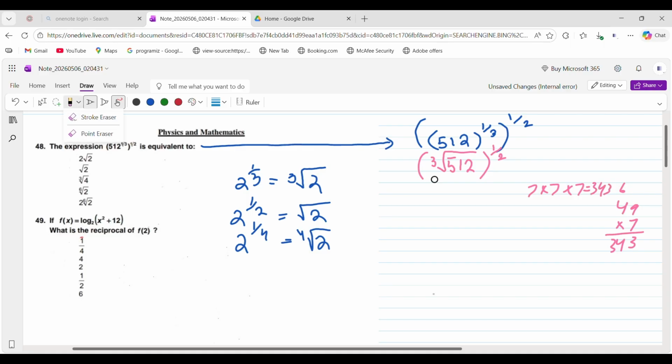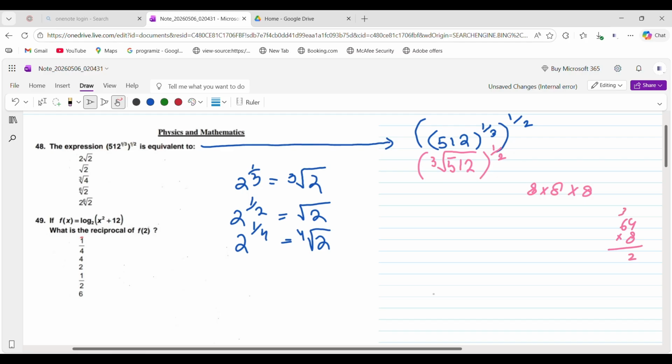Now let's try 8. Let's take the cube of 8 and see what happens then. 8 into 8 is 64, and then we have to try 64 into 8. 4 into 8 is 32.